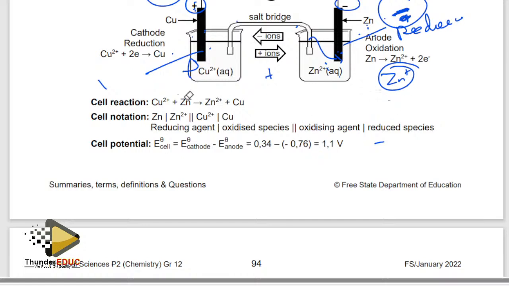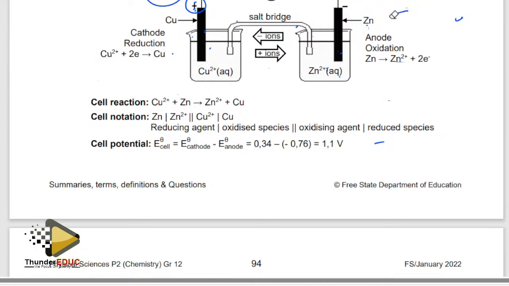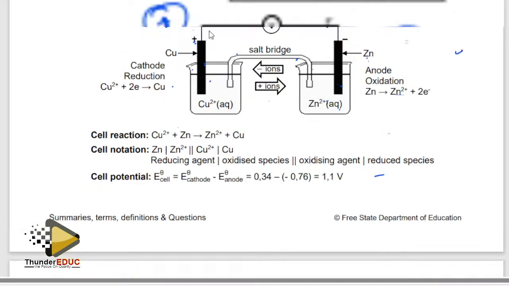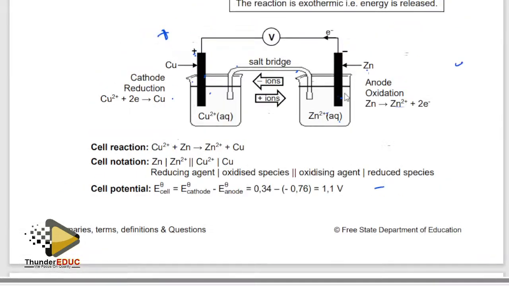Then you need to know the cell notation and the cell reaction. Half cell, you have to know all those things. If it is a gas, what am I supposed to do when it comes to that? So okay, now cell reaction, basically what happens, because oxidation is happening here, isn't it?